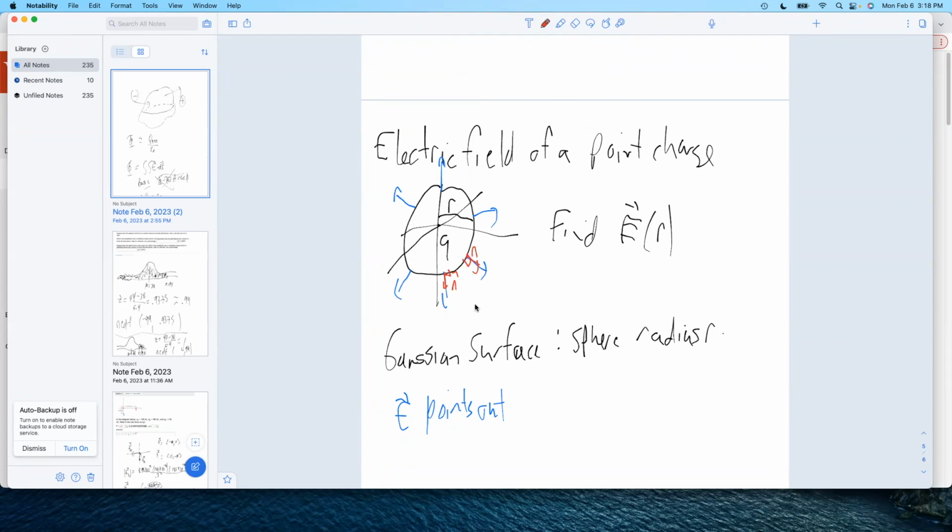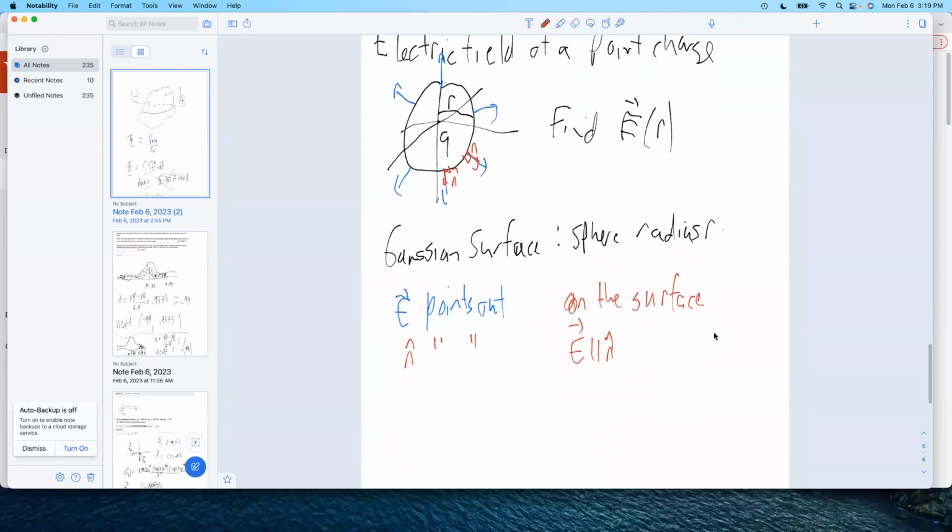So we could see here, N also points out at every point on the sphere. On that Gaussian surface, E is parallel with the normal vector. That's all. You're either going to be parallel or perpendicular on all your surfaces. If you're not, Gauss's law was not your friend.